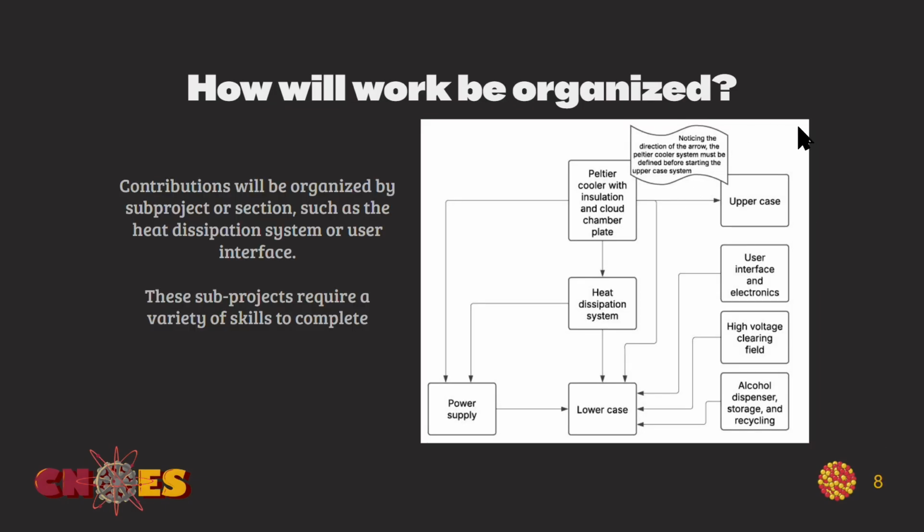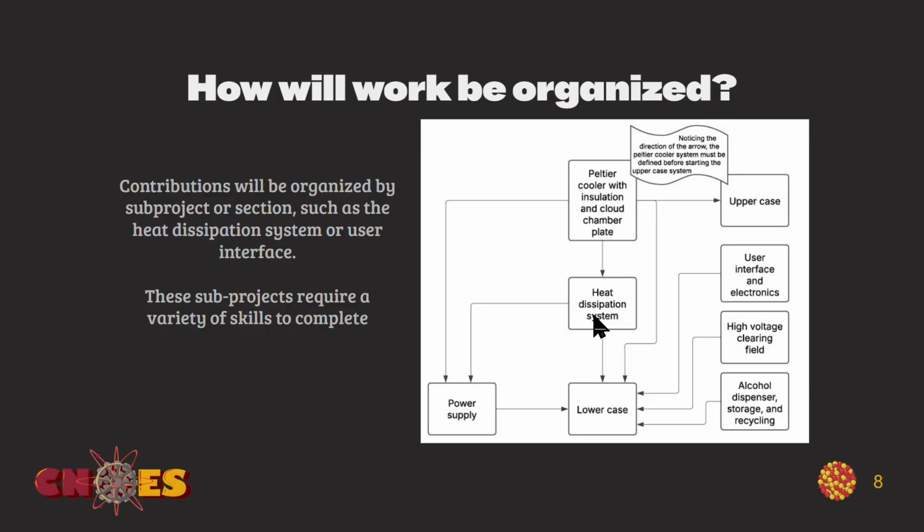So how will we organize our work? We have these different sub-modules, which are partially independent from each other. For example, we can start on the Peltier coolers, the user interface, high voltage clearing field, and alcohol dispenser system without doing anything else.